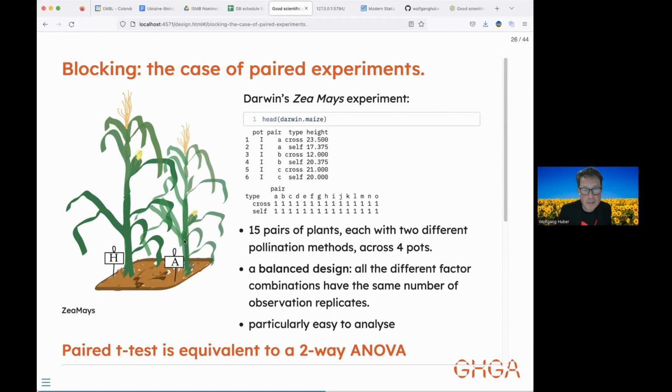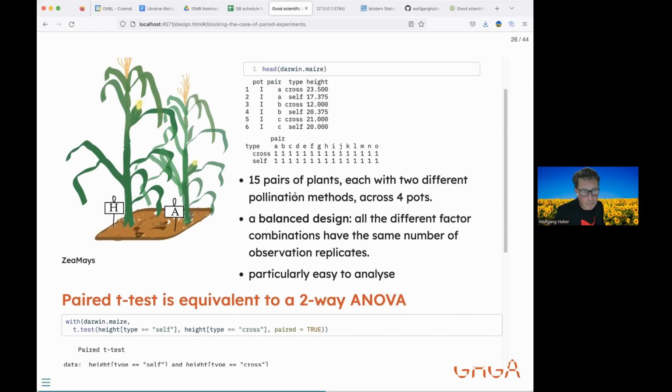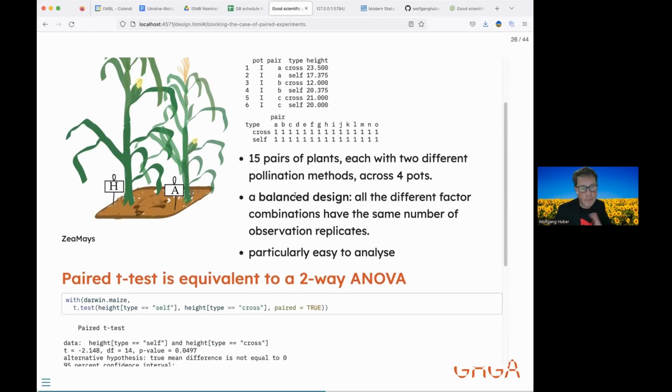So what he did here is he actually took 15 different pairs of plants, each with two different pollination methods in four different pots. And in this case, it's a paired design, where each pair of plants could be compared for cross and self-pollination. It's a special case of such an ANOVA type analysis.